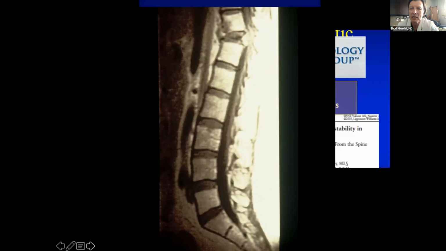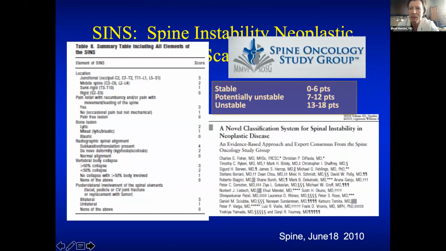So a lot of this, especially the spine instability neoplastic score, was developed for our colleagues to look at a film and then decide whether this is something that needs to be referred. It could be a radiologist, a medical oncologist who gets a report about a fracture, or a radiation oncologist. Does any of these cases need to be referred immediately to a spine surgeon? And the key question always is whether the spine is stable or unstable.